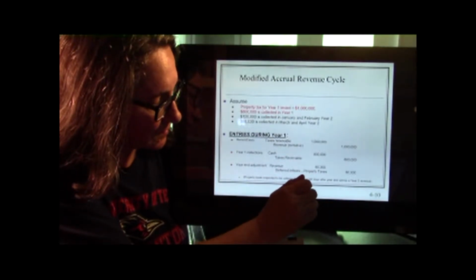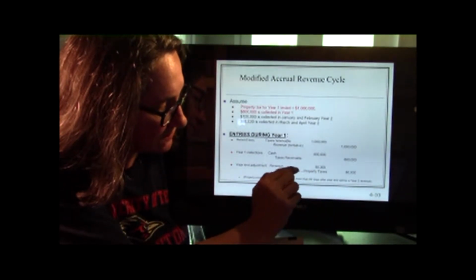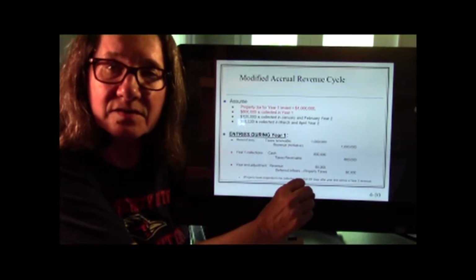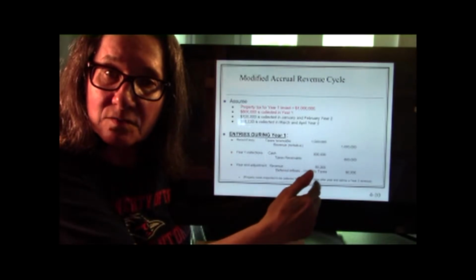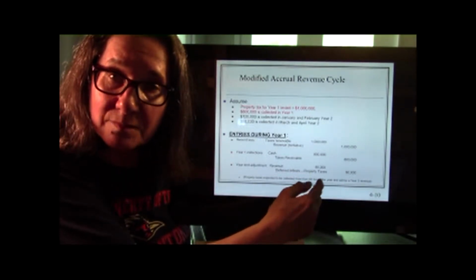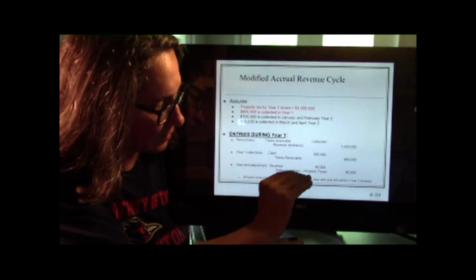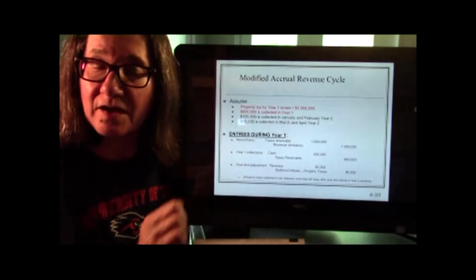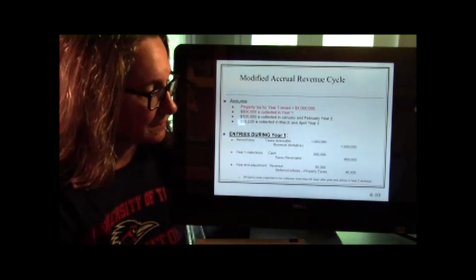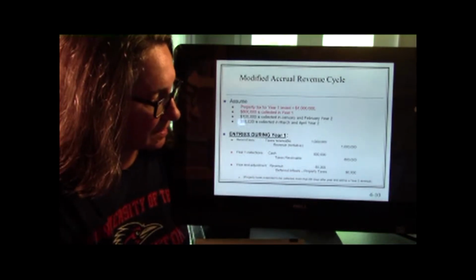Debit revenues, and then we credit deferred inflows, property taxes. So it's a little holding place. Yes, this will become revenues in year two, but for now it's just going to sit in this holding place called deferred inflows. That's an interesting account that governments have.